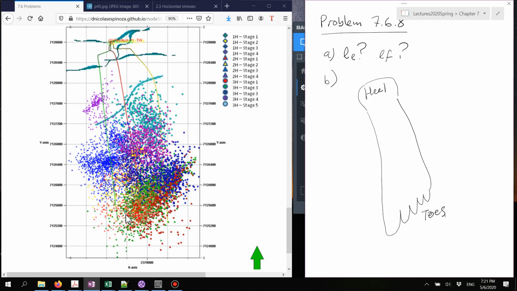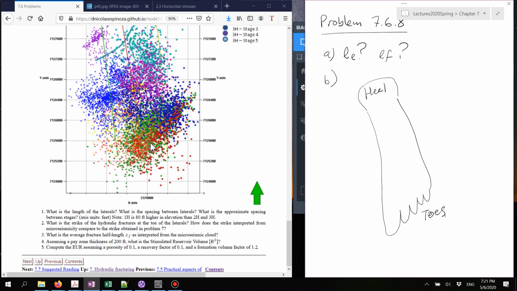And you can more or less see a trend in the microseismic cloud, right? It's not very definite because we were saying that these microseismic clouds do not map exactly where the hydraulic fracture is or the main hydraulic fracture is, but it just gives you a trend. So I hope that you see that more or less there is a trend. If I look, for example, at the red cloud, that tells me what is the orientation or the strike of the hydraulic fracture.